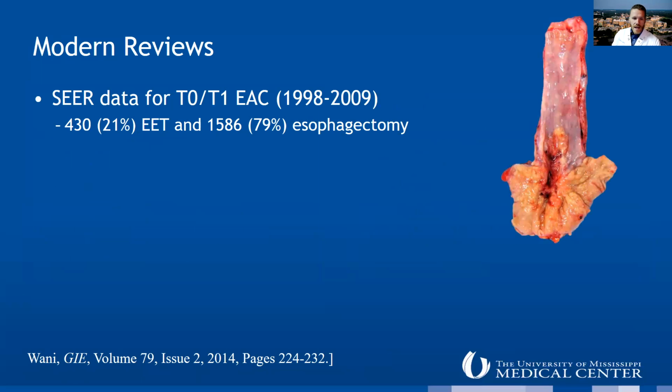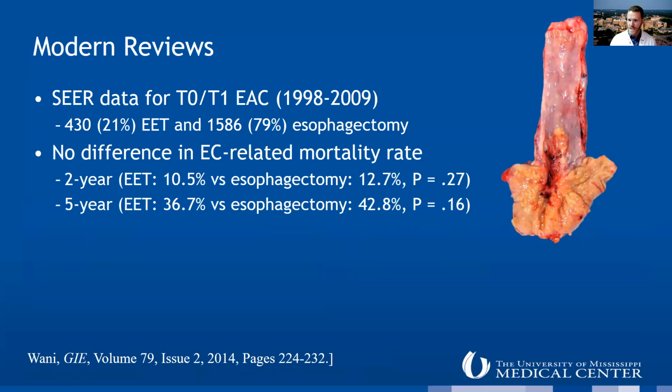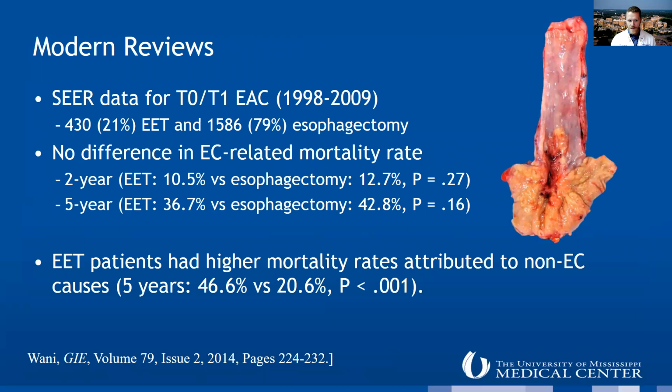Then the SEER database was queried, and this is a 2014 publication looking at esophagectomies for T0 or T1 adenocarcinoma over a 10-year period. You've got the majority of those getting esophagectomies and 20% getting endoscopic therapy. And we see that the cancer-related mortality is no different between endoscopic therapy and esophagectomy at 2 years and at 5 years.